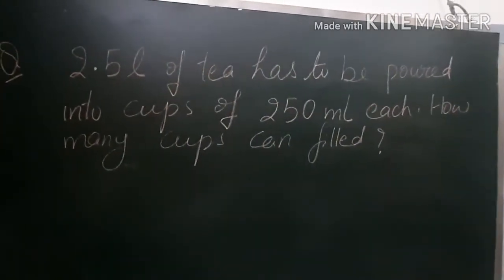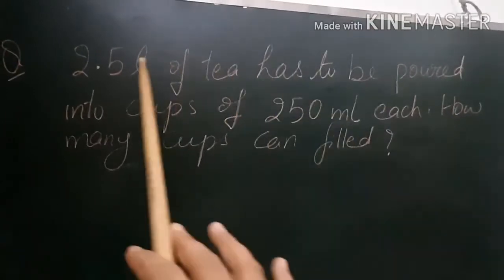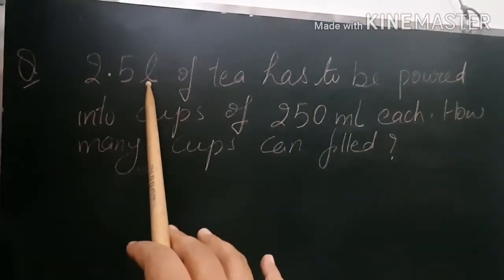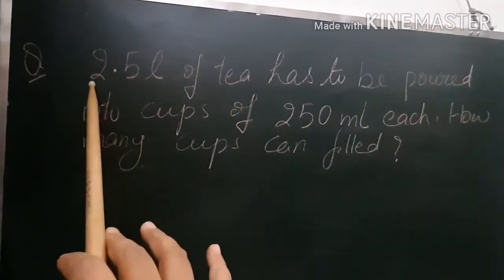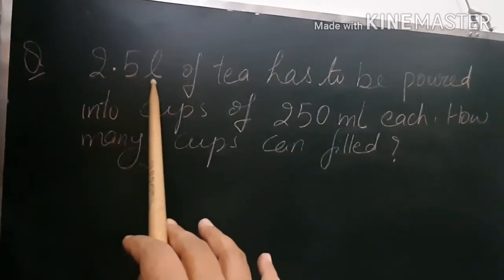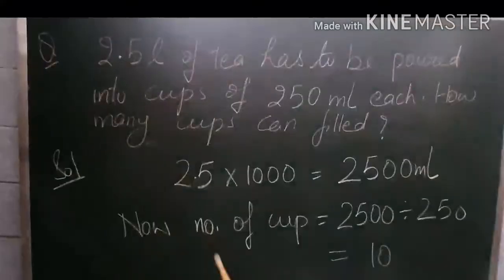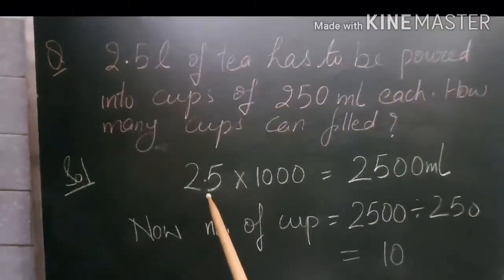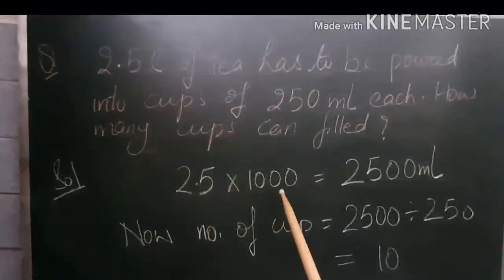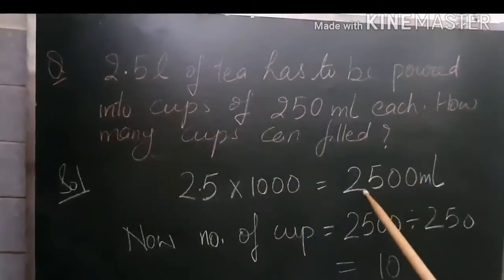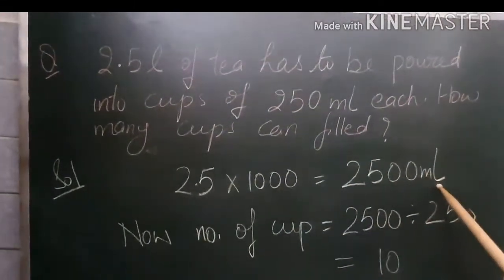How much is the difference? It is 1000 steps. So we multiply 2.5 liter with 1000 and get 2500 milliliter.